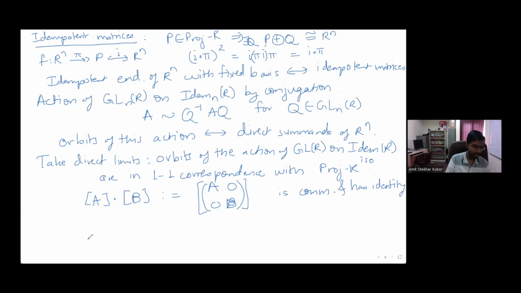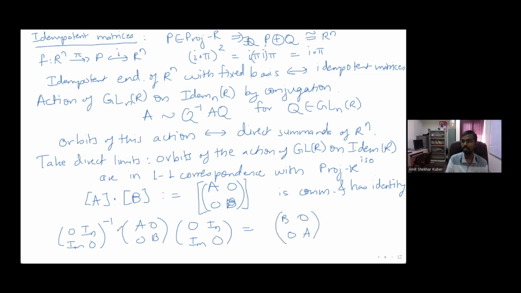So why is it commutative? If A and B are, let's say, n and m size matrices, then you have this identity: the matrix with 0 and I_m blocks, conjugating A 0 0 B by its inverse. I'm just showing that the other matrix you are interested in, B 0 0 A, is conjugate to it.